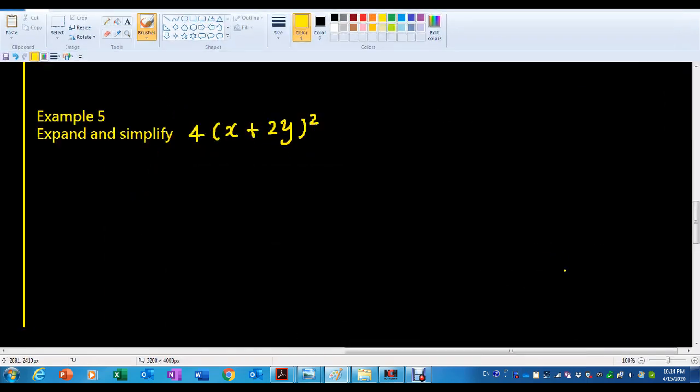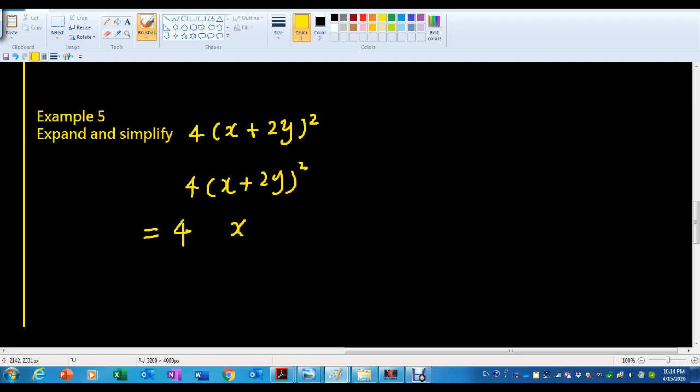So we are going to use the same idea here. Let me copy the question. First, I'm going to leave that 4 just outside, and then I'm going to apply the rule for the square of the binomial. Remember that rule?